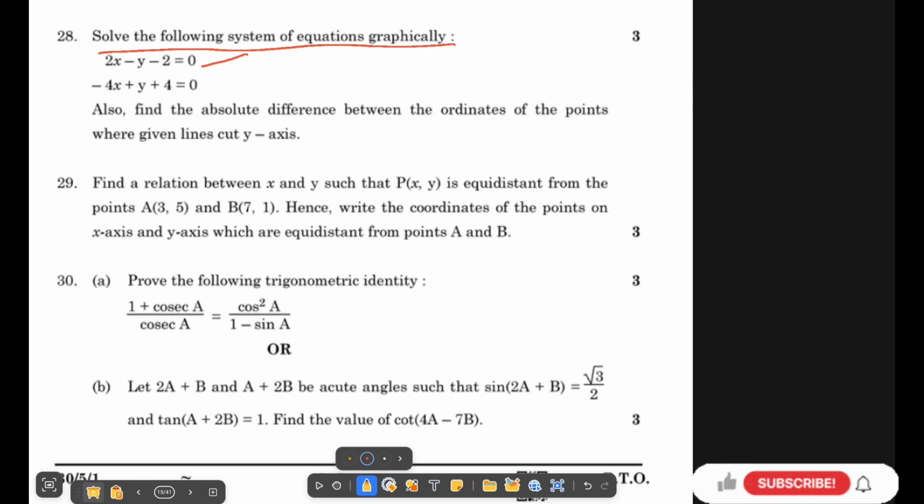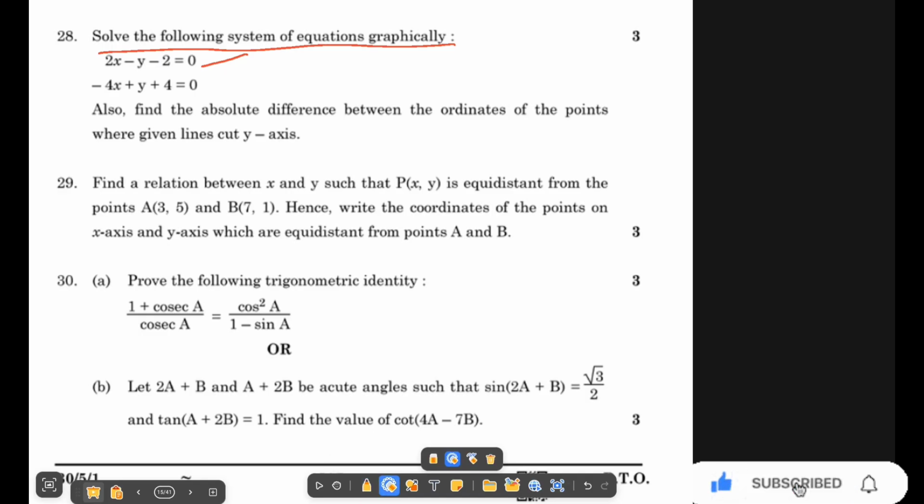First of all, let's plot these lines on the graph. So what are the equations given here?